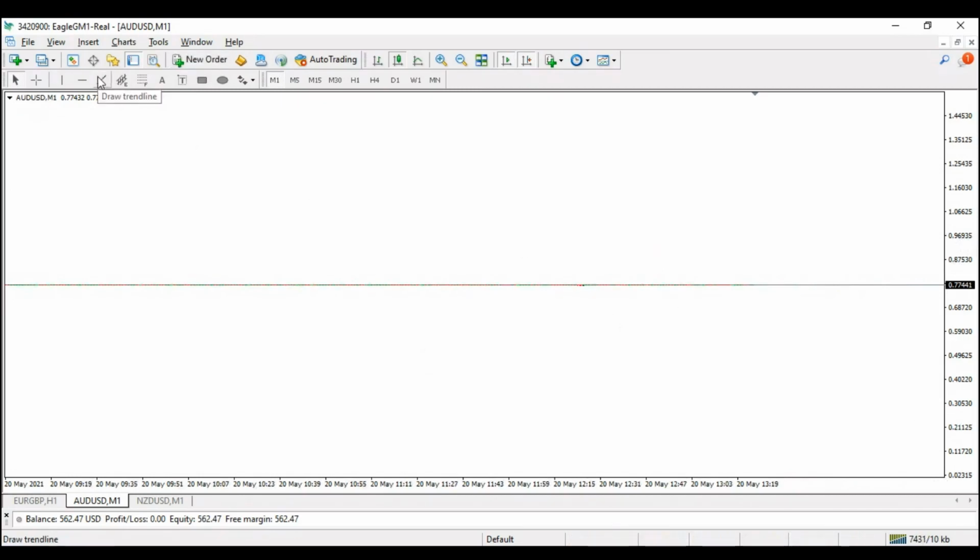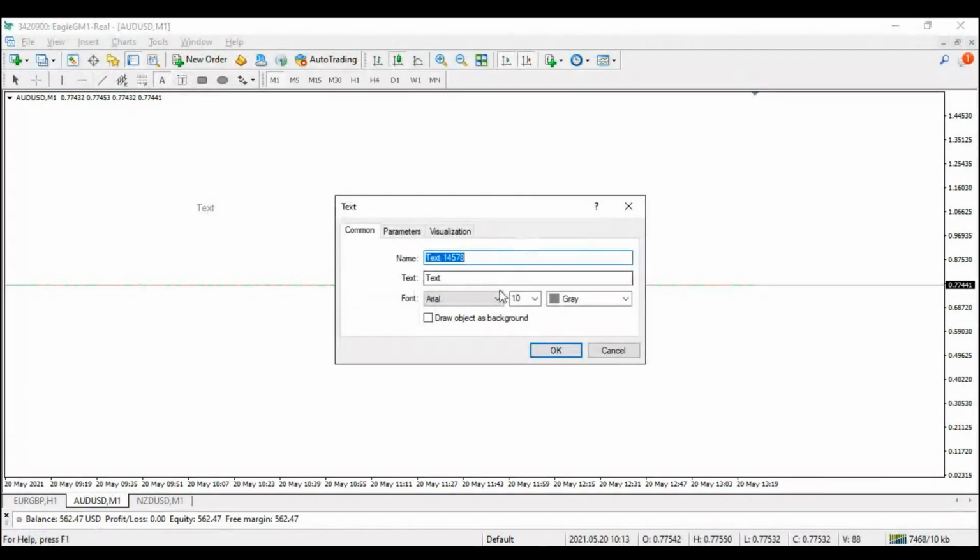Now, price does two things. It either moves in a certain direction or doesn't move in a direction. When we say price moves in a certain direction, it means price is moving either in an uptrend or a downtrend.